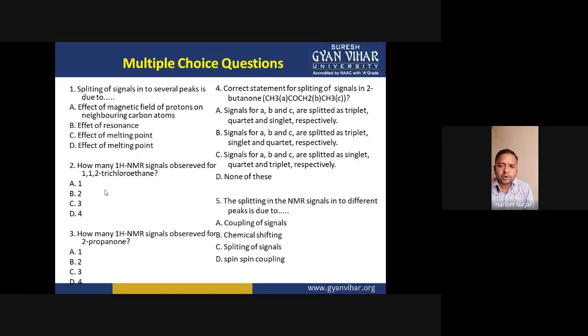Now question number 3 is how many proton NMR signals are observed for 2-propanone? 2-propanone is also commonly named acetone, CH3COCH3. In acetone, both the CH3 groups are attached to the same carbon of the carbonyl group, meaning their chemical environment is the same.